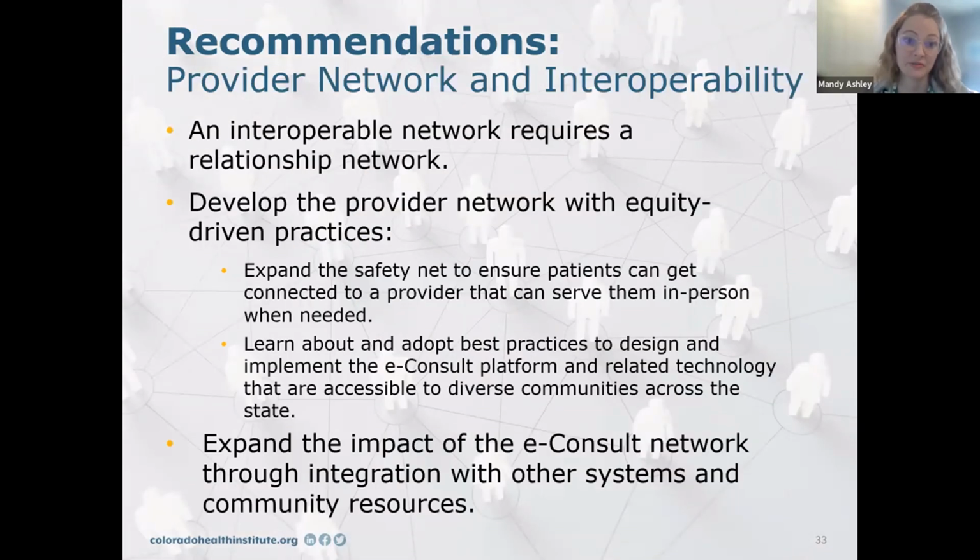Recommendations continued. An interoperable network requires a relationship network. Those equity-driven practices, there's a little bit more detail in there and in the report. Expand the impact of the e-consult network through integration with other systems and community resources.